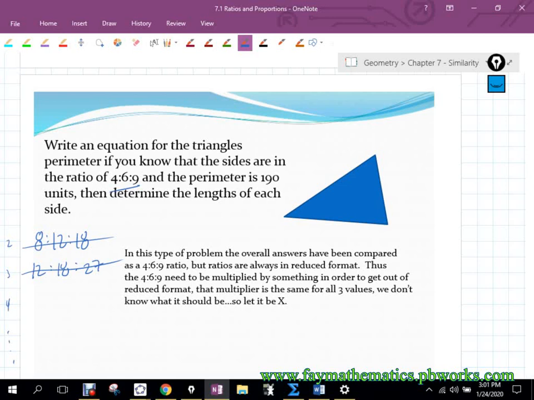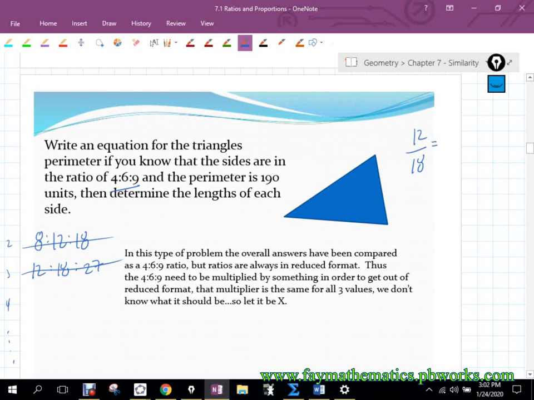If I know that 4, 6, 9 is the reduced comparison, the reduced ratios, through reduction, if I ask you, let's just say 12 compared to 18, what are you going to divide both those by? 6.